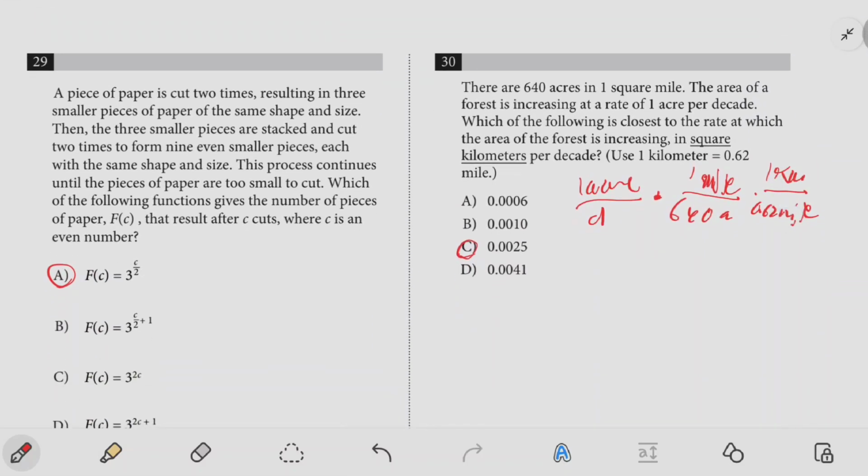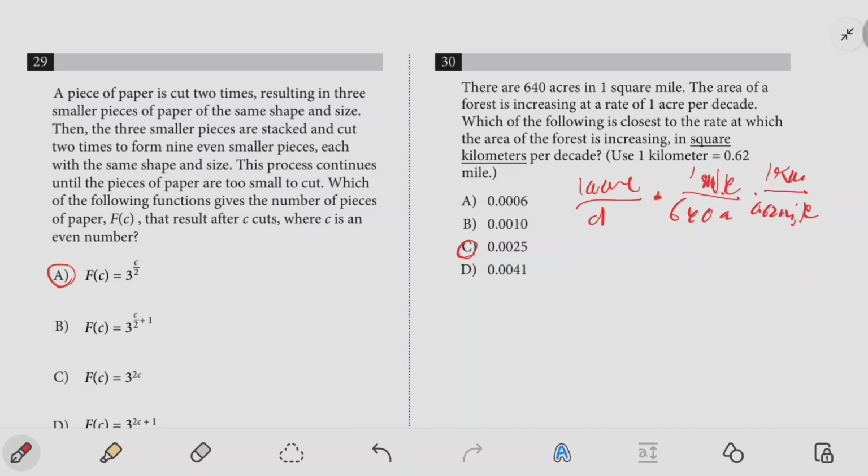How is 30 D? What? Okay. 640 acres in 1 square mile. Rate 1 acre per decade. Increasing in square kilometers. Hmm. 640.